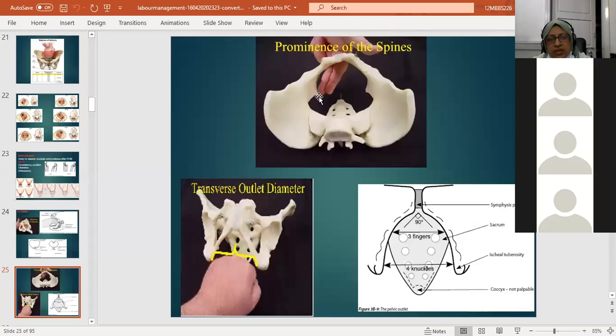Then we call that the diameter between the two ischial spines is 10 centimeters, or more than 10 centimeters, and this means the cavity is adequate.